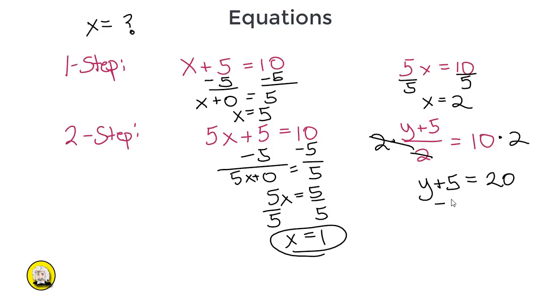And now my second step, I'll subtract out the 5, that constant value on the same side as my variable, but I have to do that on the other side of the equation as well. And the result is 5 minus 5 is 0, so I'm just left with y on the left side, and 20 minus 5 equals 15. And I've solved this equation in two steps, y equals 15.